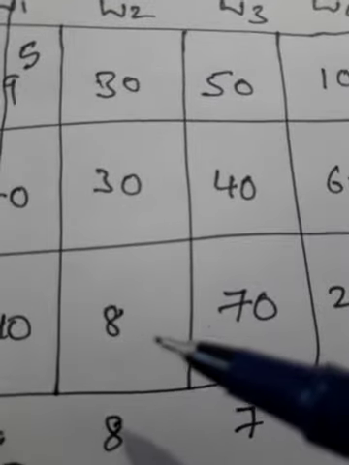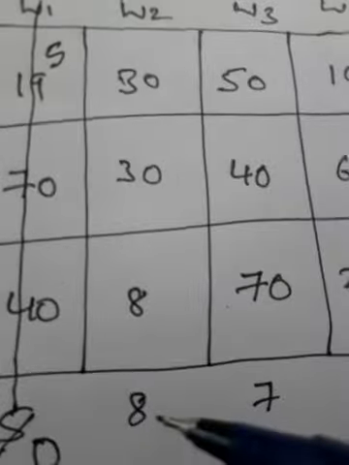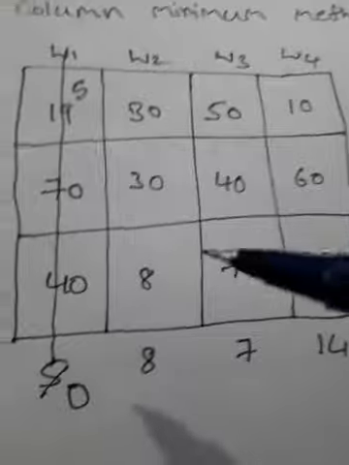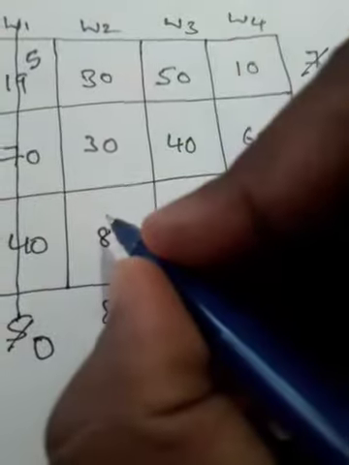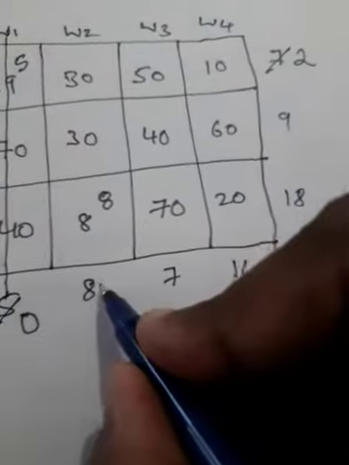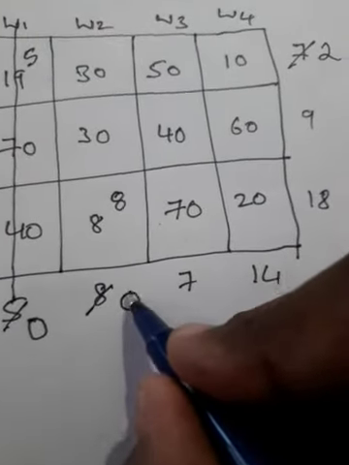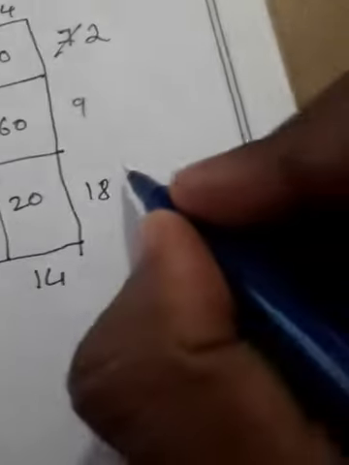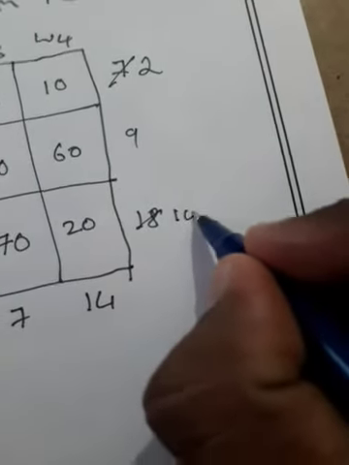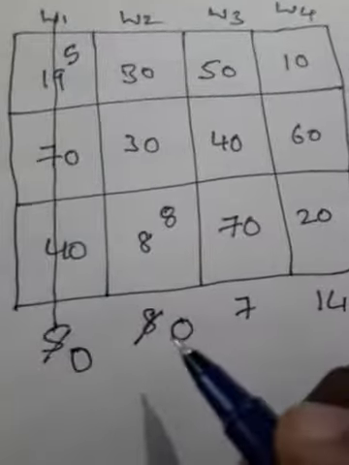The minimum value here is 8, with costs 30 and 38. Warehouse 2 requires 8 units, and this factory has 18 units, so we can supply all 8 units. Once it is supplied, this one is 0, and here we are left with 10. This warehouse is now empty, so strike out this column.